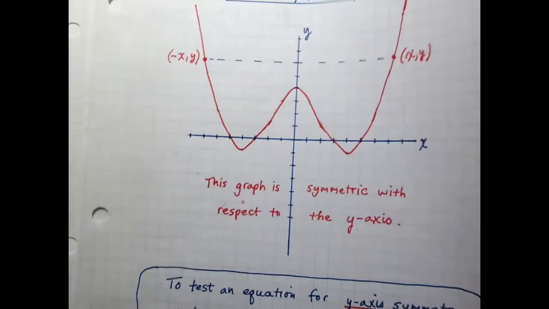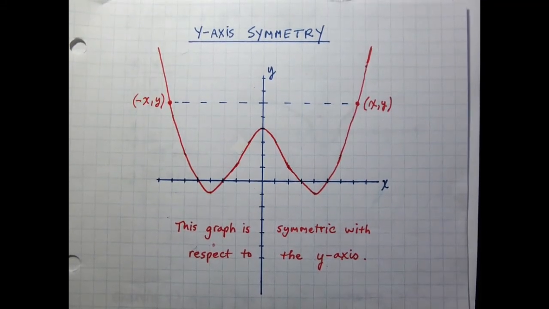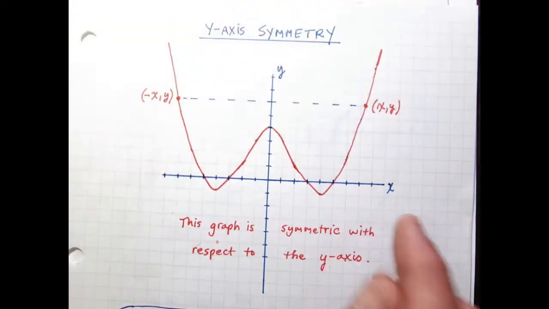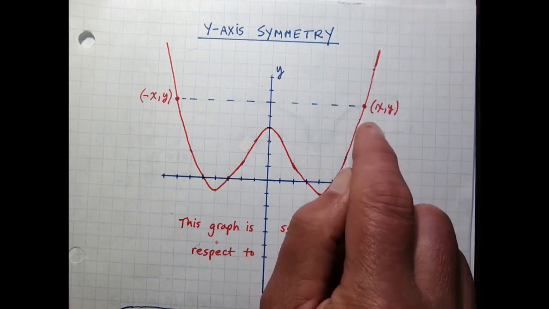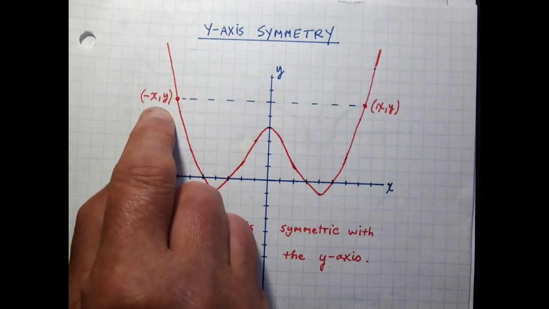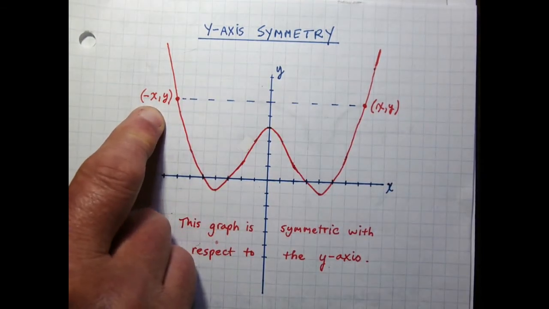I draw another picture here. This is a different graph. This is another graph that has y-axis symmetry, where if I fold along the y-axis, the two halves of the graph match together exactly. And algebraically, what y-axis symmetry means is if you have x, y on the graph, then negative x, y is also on the graph. A point with a negative x coordinate and the same y coordinate must be on there.